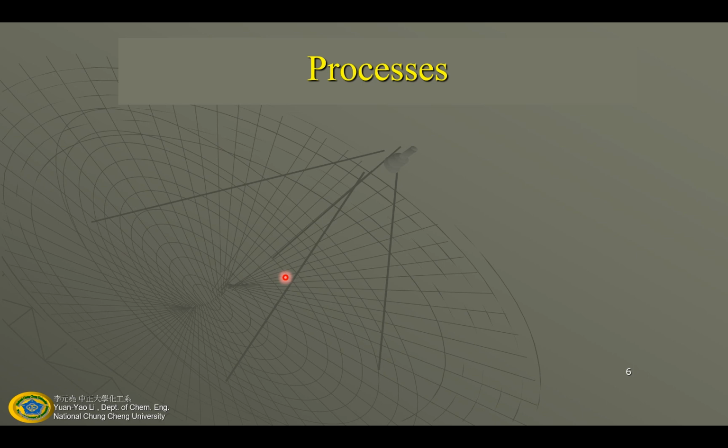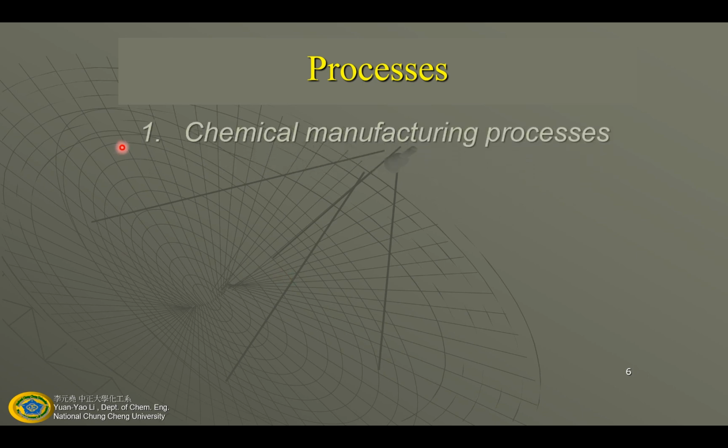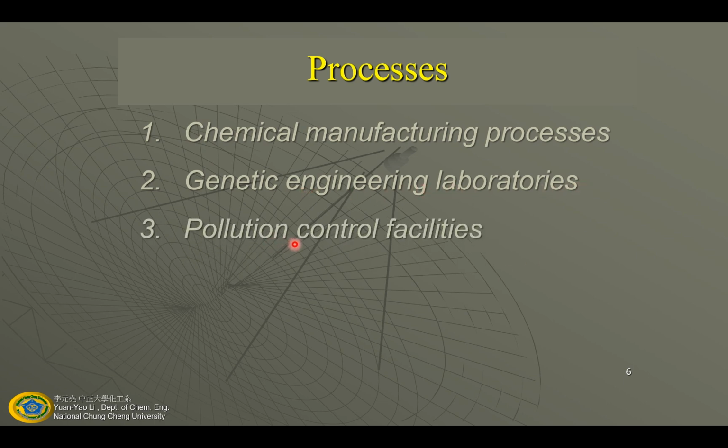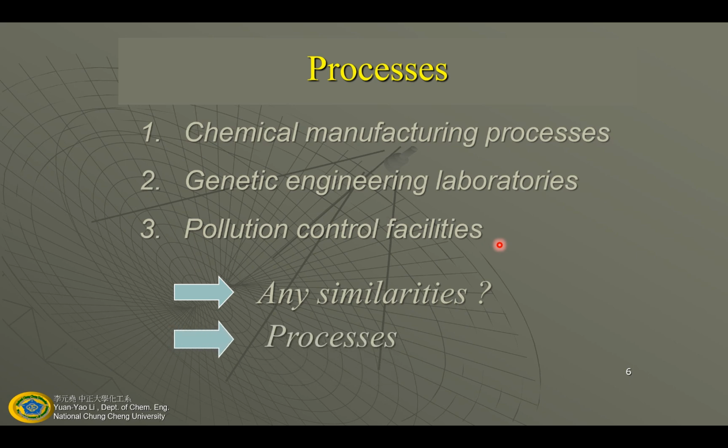So what are processes? It can be chemical manufacturing processes. It can be genetic engineering laboratories. It can be pollution control facilities. These can all be described as processes.